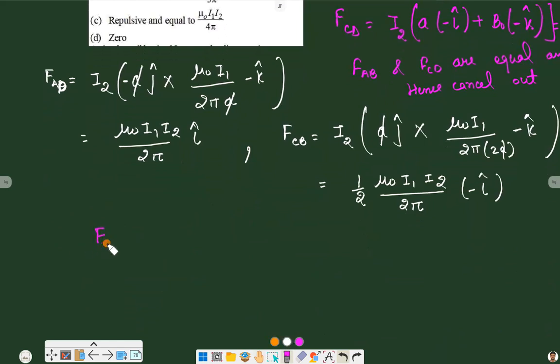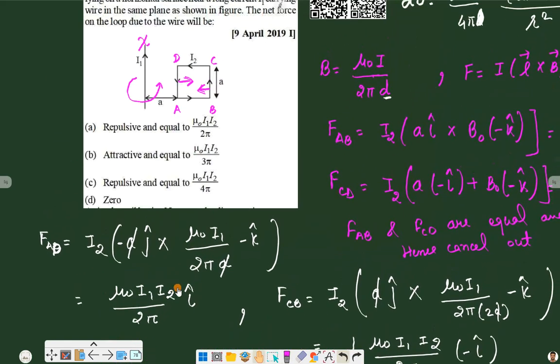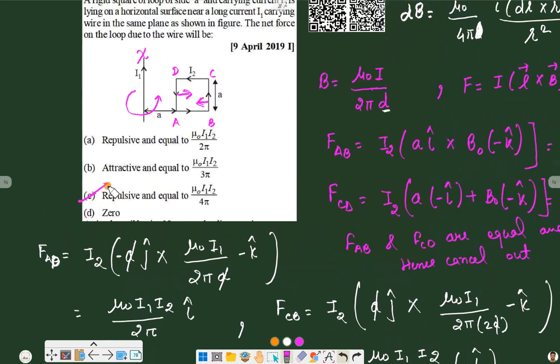So net force will be mu node I1 I2 by 2 pi I minus half of mu node I1 I2 by 2 pi I. So it will be mu node I1 I2 by 4 pi with I, means this force is greater, and this is the repulsive force, this is the attractive force. So repulsive force is greater, so net force will be repulsive, and that is option C, equal to mu node I1 I2 by 4 pi.